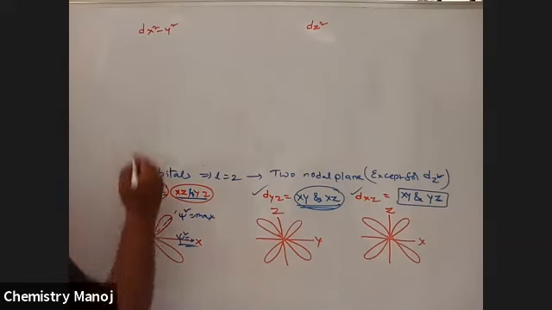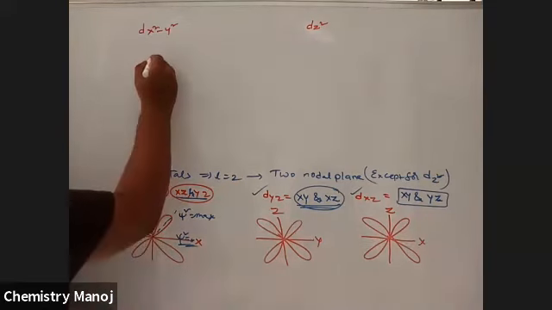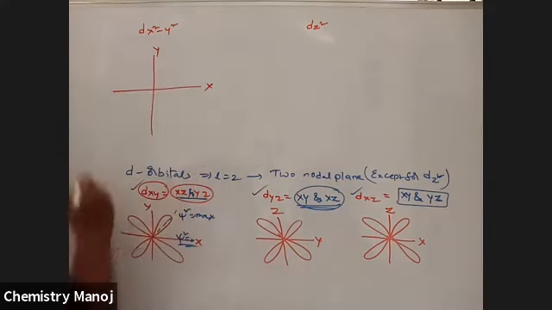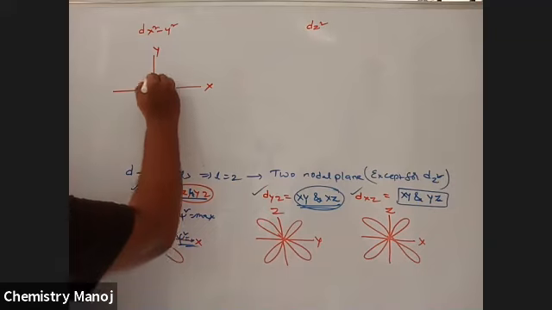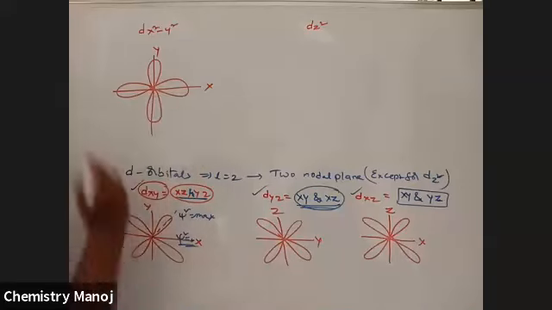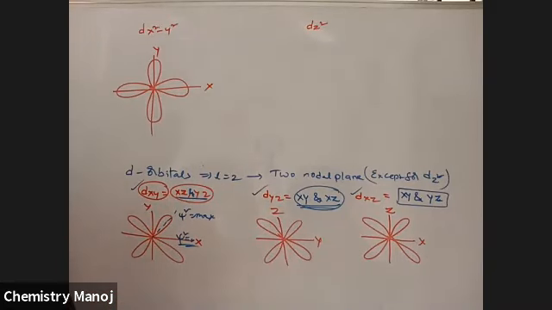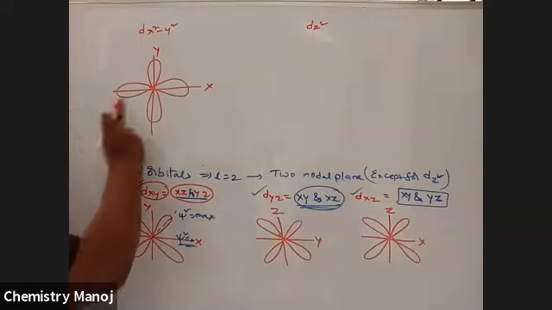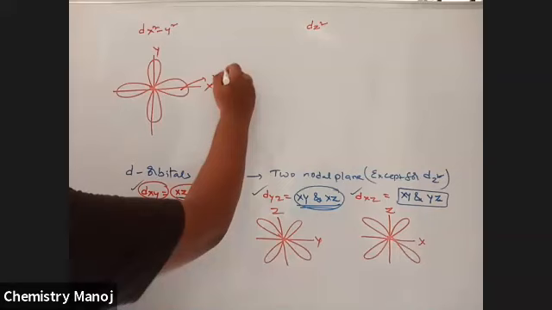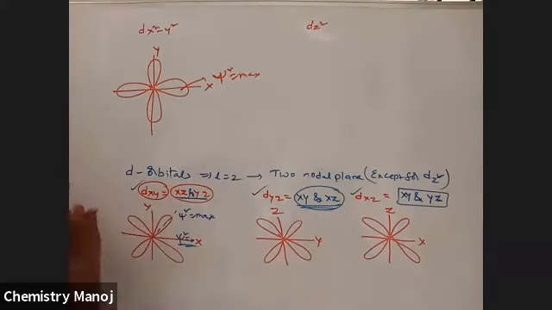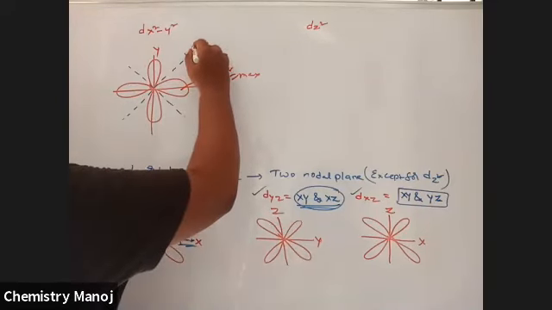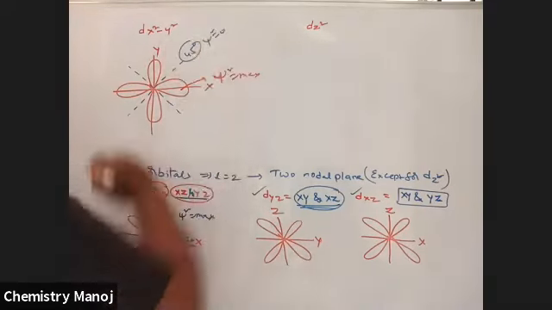Here, see the electron density. It is the x-axis, it is the y-axis. The electron density is on the axis. In the previous case, it was between the axes. For these orbitals, the electron density is on the axis, so psi square is maximum on the axis. That means at an angle of 45 degrees, psi square is equal to 0.